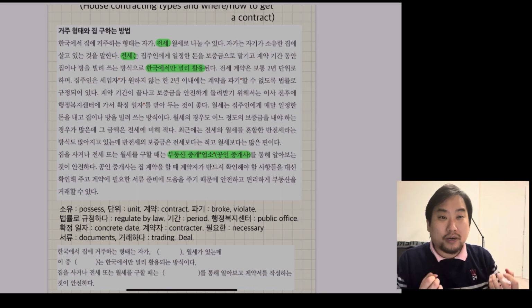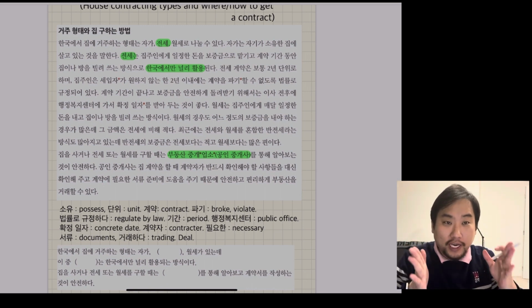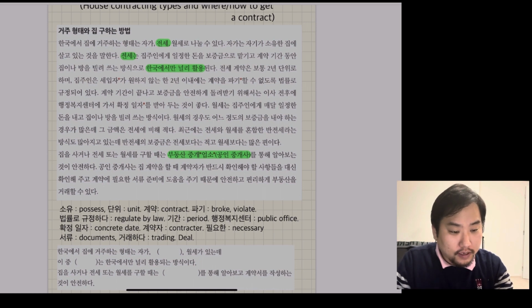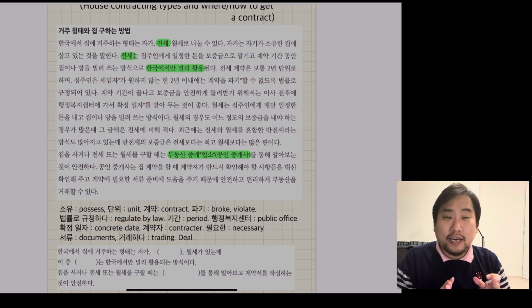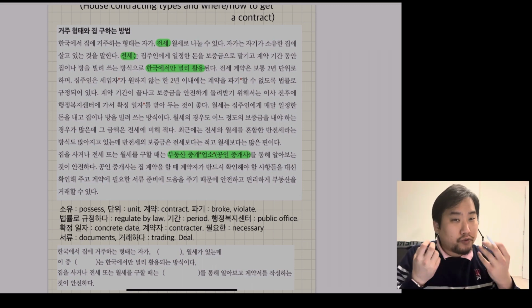So the owner cannot break the contract for at least 2 years. It is 법률로 규정되어 있다, so it is regulated by law. It is illegal if the owner breaks the contract before 2 years.